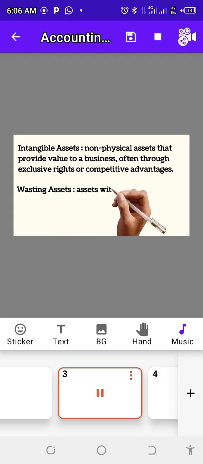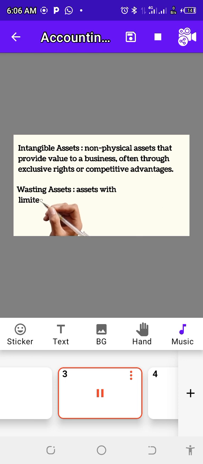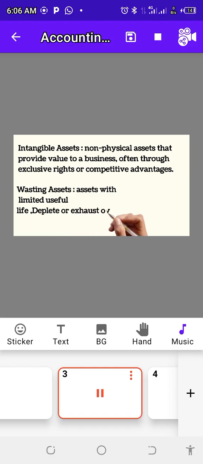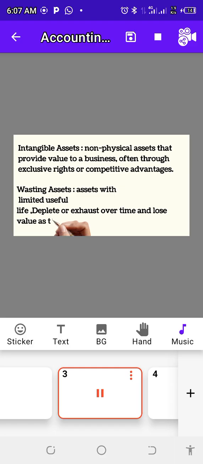Then wasting assets. Wasting assets are assets with limited useful life, deplete or are exhausted over time, and lose value as they are used or extracted.